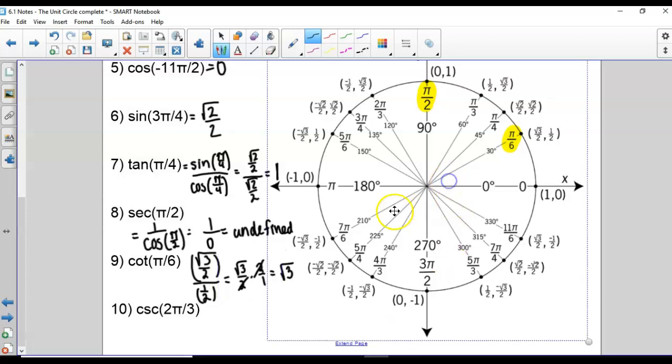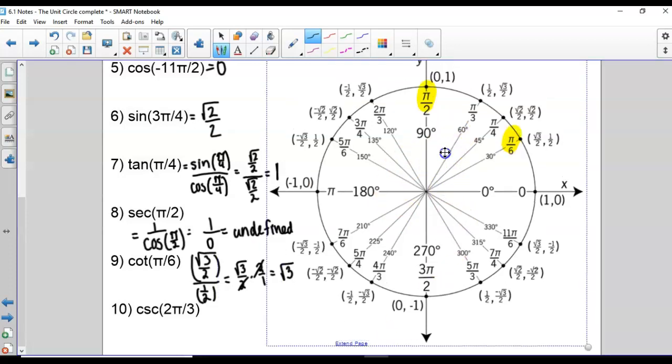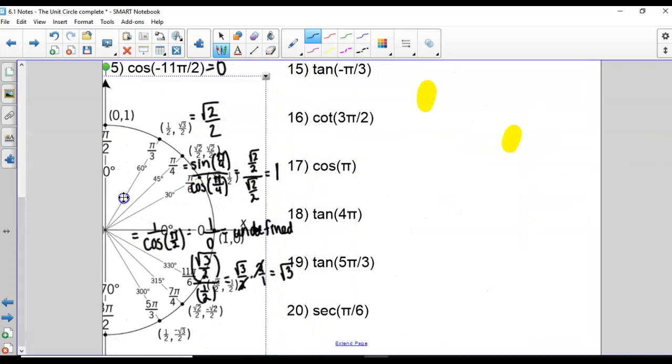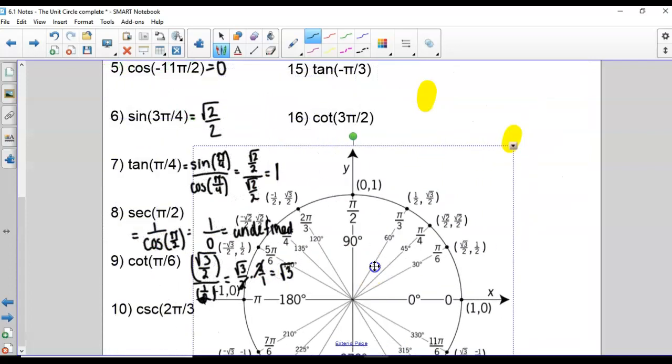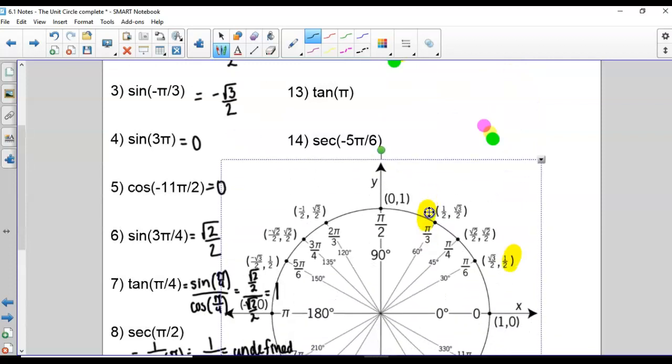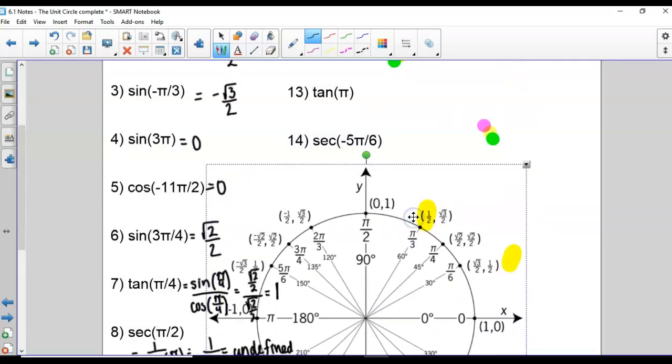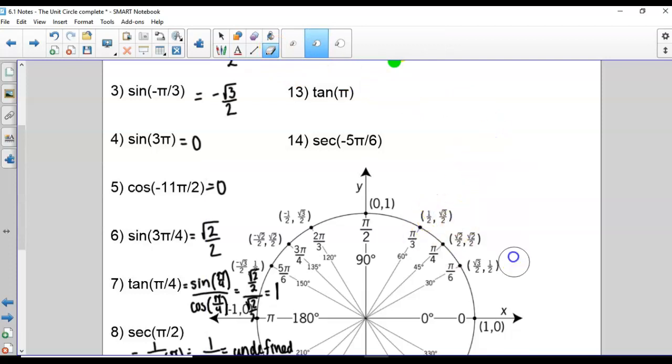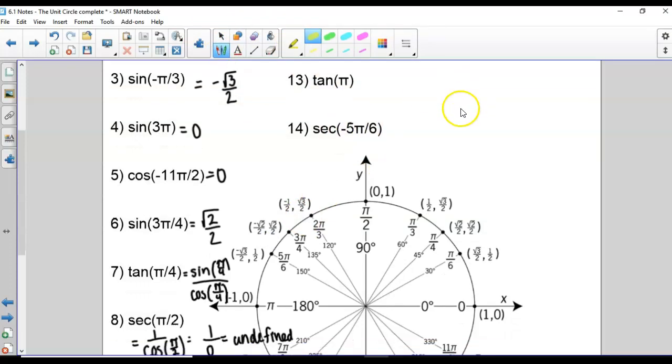Let's see. Let me see if there's any others that are important for us to look at. Let's look at 14 real quick. For 14, you're looking at negative 5 pi over 6.